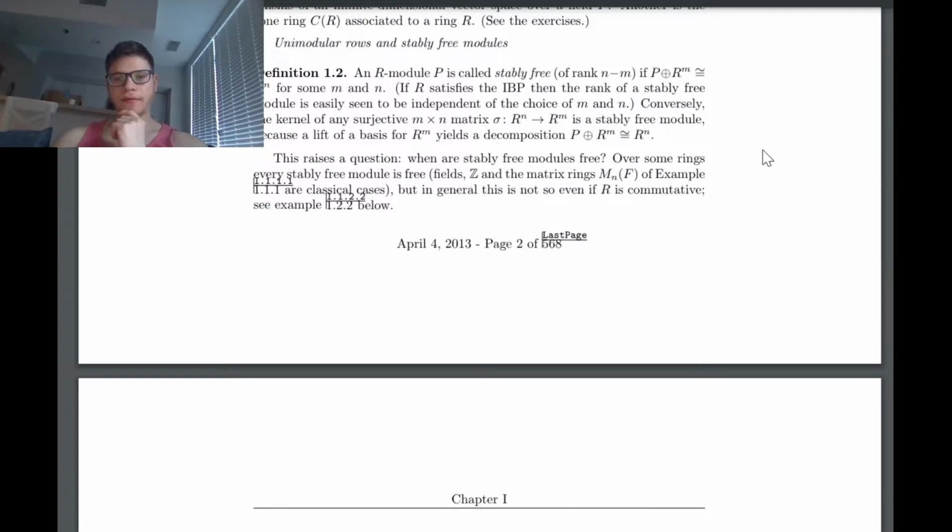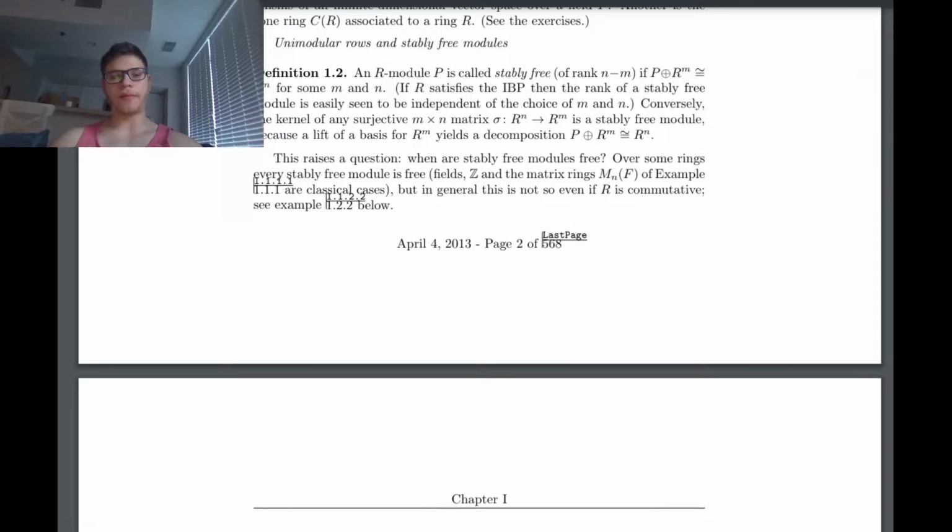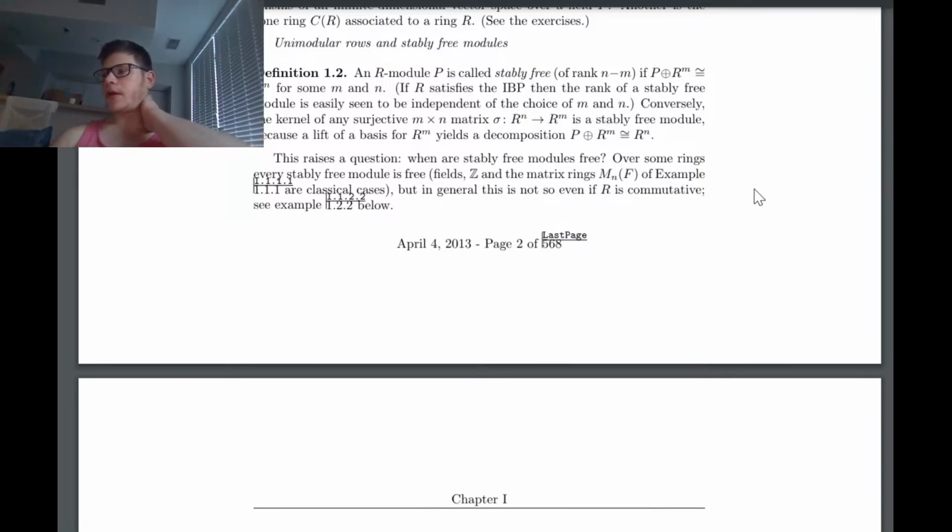If you have a basis for R^m, you lift it to a linearly independent set of R^n, and then you complete it with the basis of the kernel. Sorry, we don't complete it with the basis of the kernel. The kernel might not be a free module, actually.